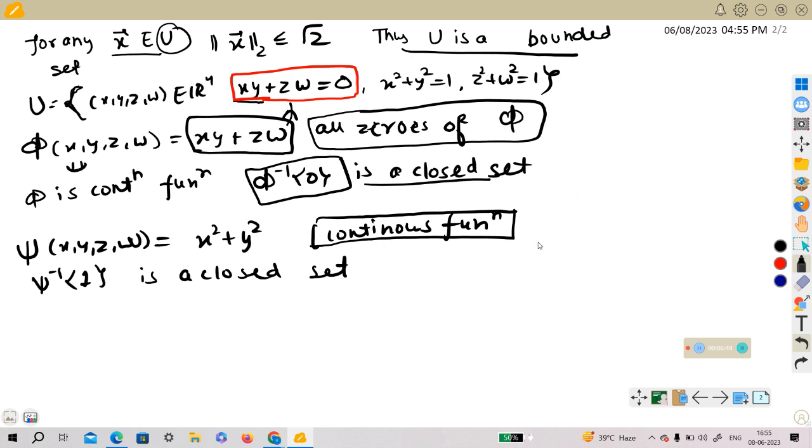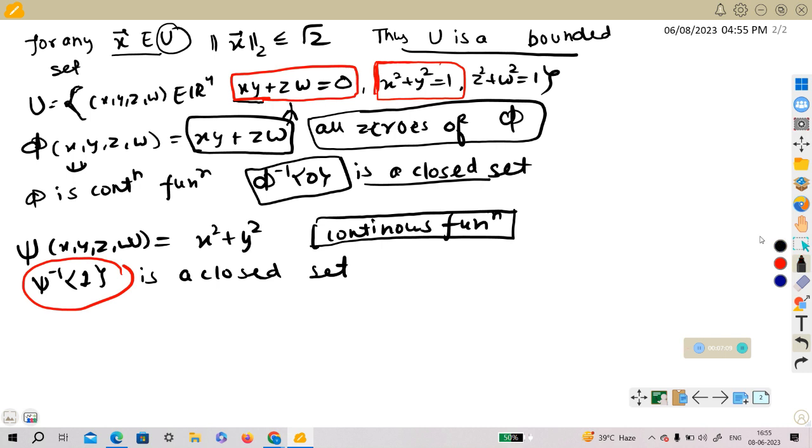And what does psi inverse 1 indicate? It consists of all elements in R4 which satisfy this property. Okay, so we have psi inverse 1 is a closed set.